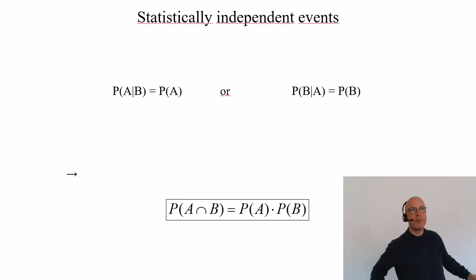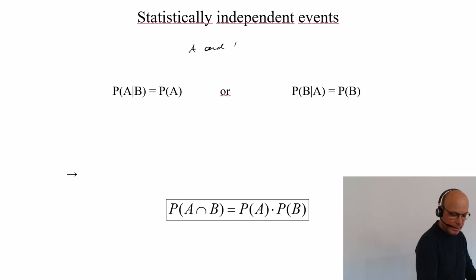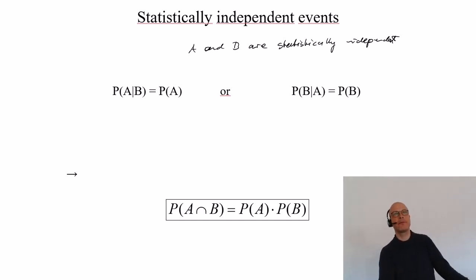So first of all, if A and B are statistically independent, then of course it doesn't matter if we formulate a conditional probability.